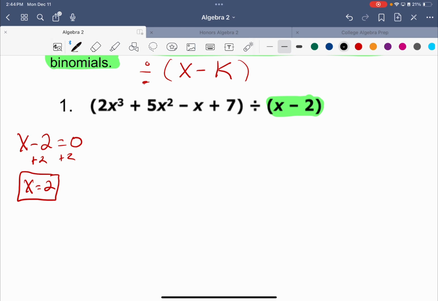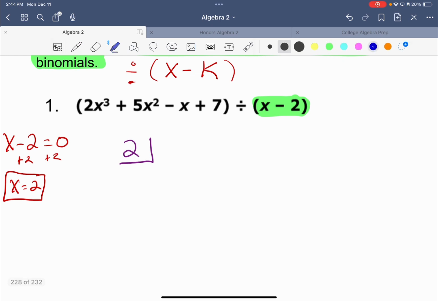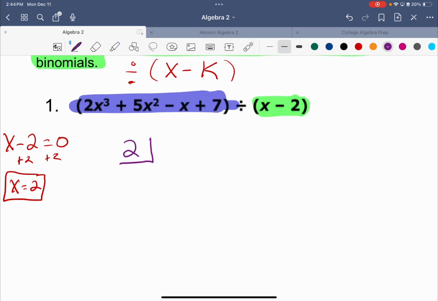What we're going to do next is draw a little box here, and we're going to put that 2 inside of that box. And now we look at our polynomial, in this case 2x cubed plus 5x squared minus x plus 7. I'm going to note that we start with x cubed. That means that I have to have numbers for x squared, x, and our constant.